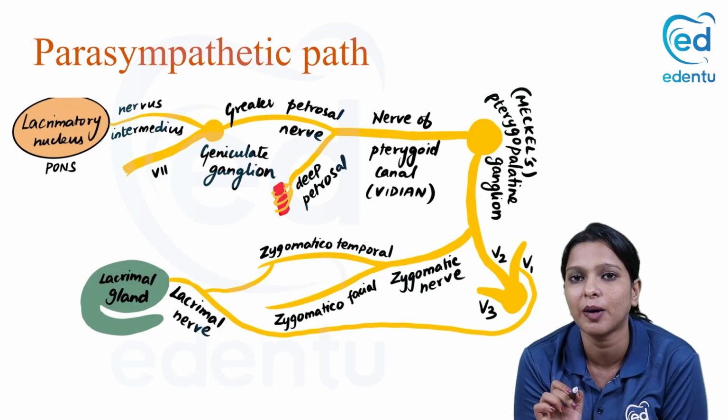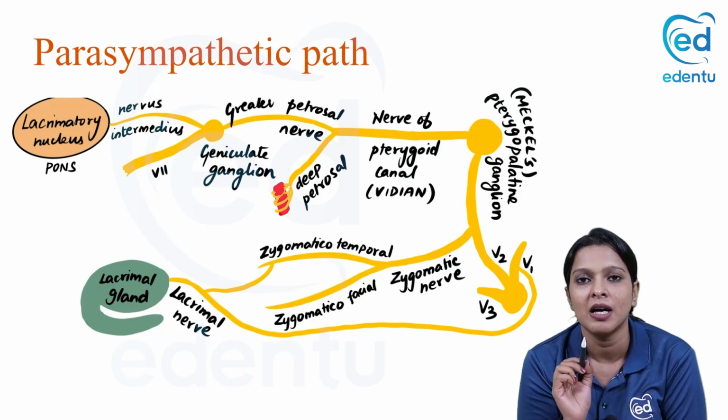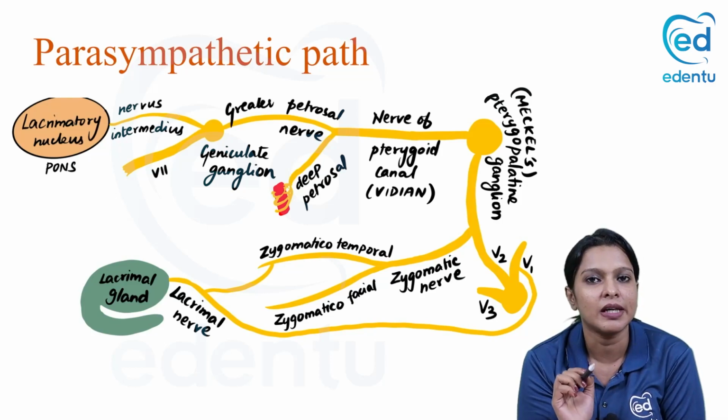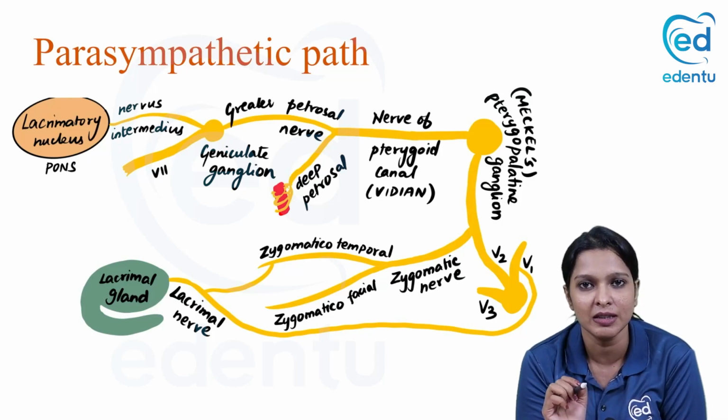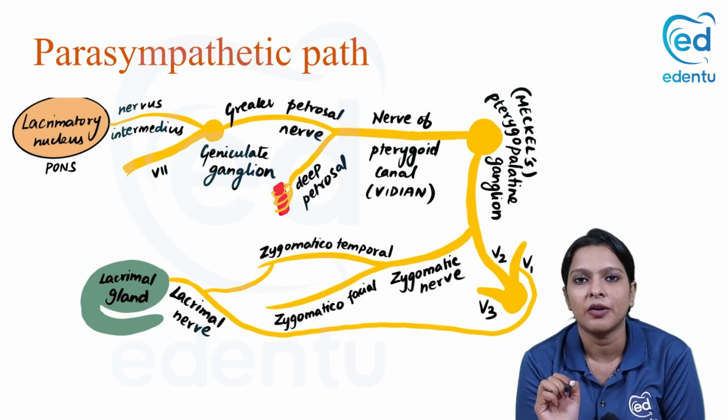So it starts from a nucleus in the pons called the lacrimatory nucleus. From there, through the sensory root of the facial nerve called the nervus intermedius, to a ganglia called the geniculate ganglia.